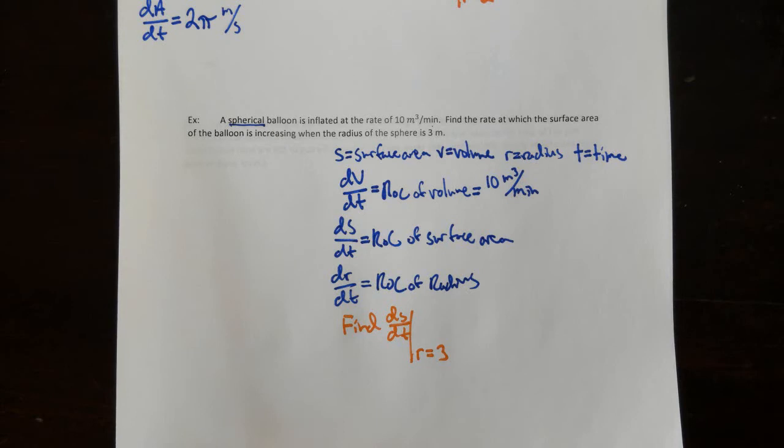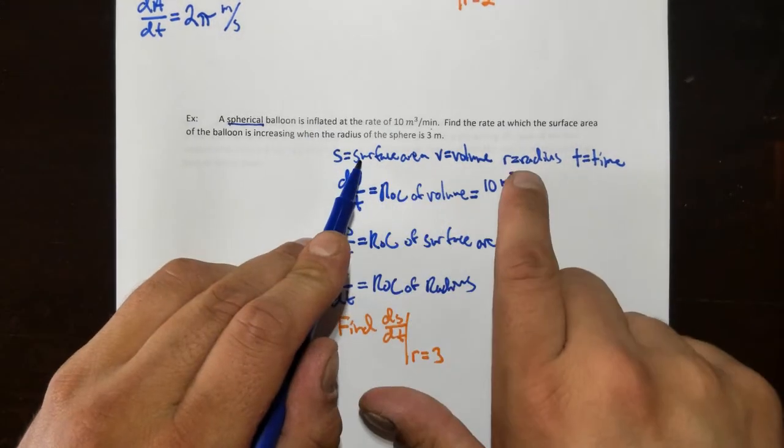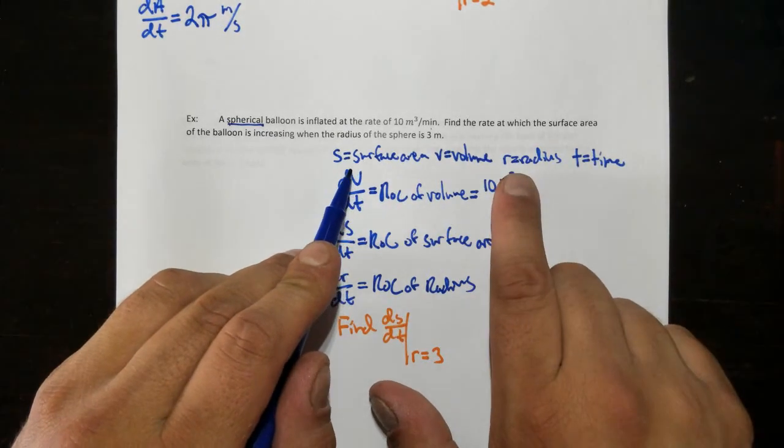Okay, this is an interesting example. Here we're actually going to have two functions, and the reason is that we need to tie together all of these variables.